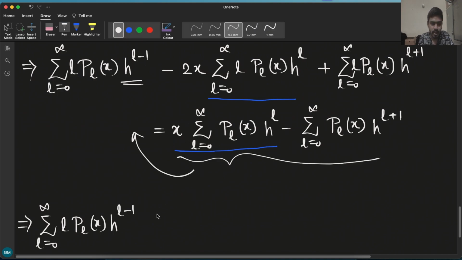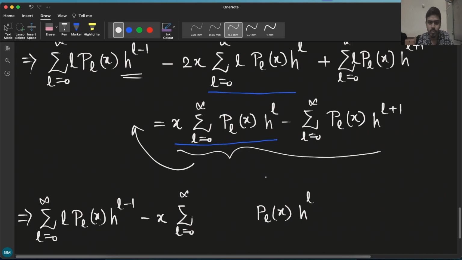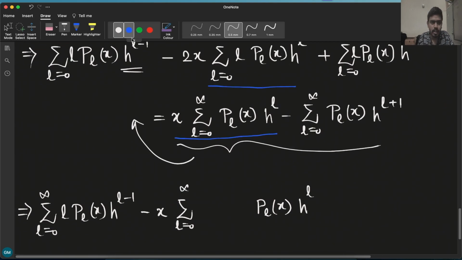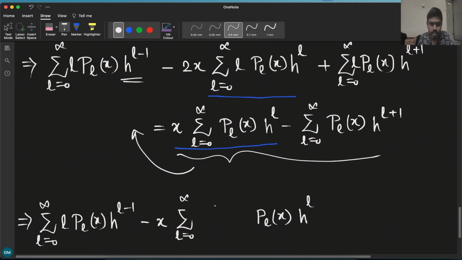Here x I can take common, so it will be minus x sum over l equals 0 to infinity. I can take this P_l(x) and h to the power l also common from these two terms, and then we are left with twice l plus 1. Twice l is coming from this twice l, and if I take x and this common, then this 1 will come.